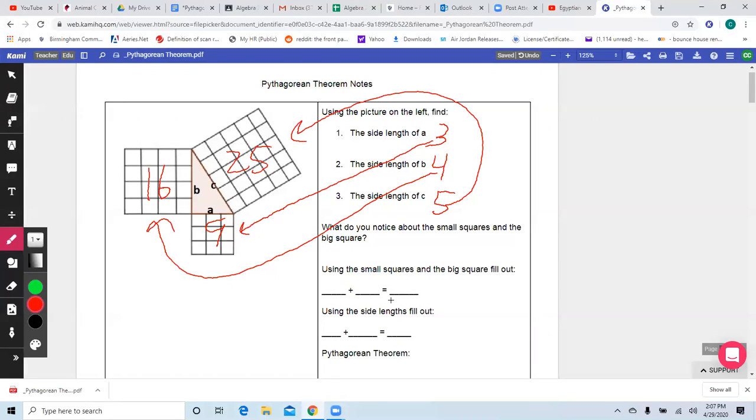And so I know that the small squares, if you add the small squares, it equals the big square, right? 9 plus 16 is 25.